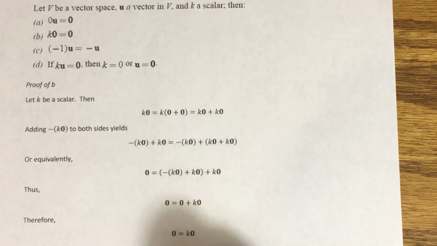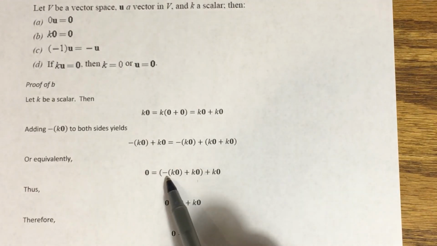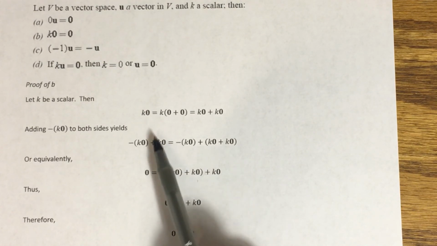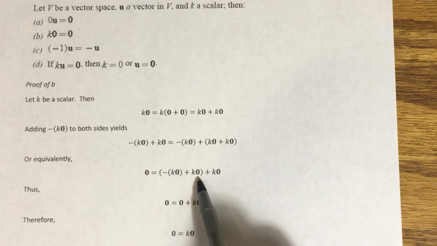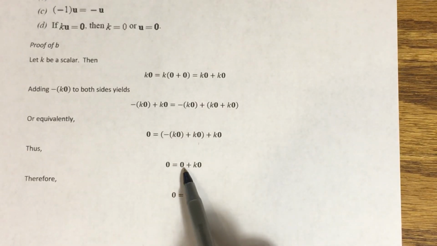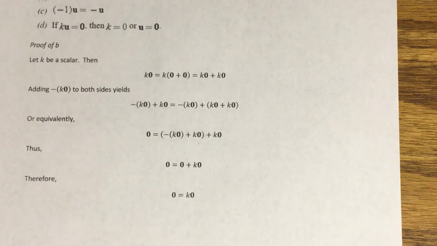That's the associative property of addition, which is Axiom 3. Now, I know that this sum is going to be performed first, but as was the case here, because I'm adding a vector to its additive inverse, that gives me the 0 vector. And then finally, by the definition of the 0 vector, what's left on the right-hand side is just going to reduce down to k times the 0 vector. That is what I was trying to prove.